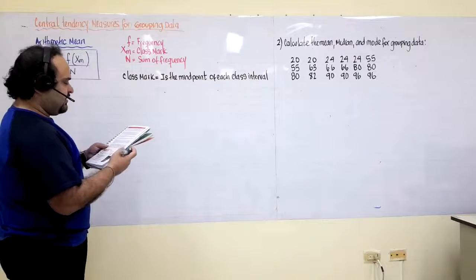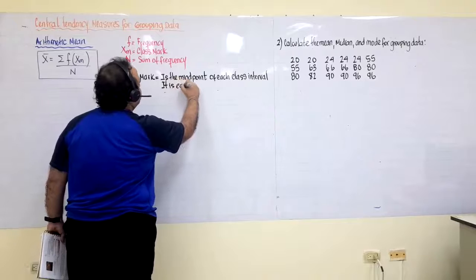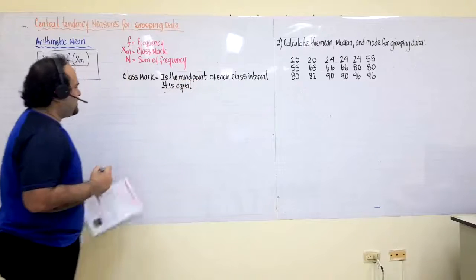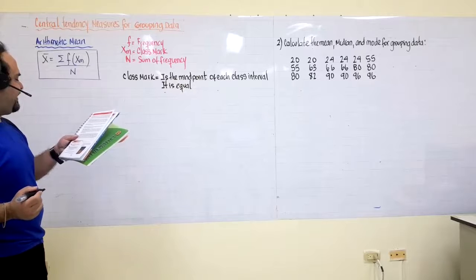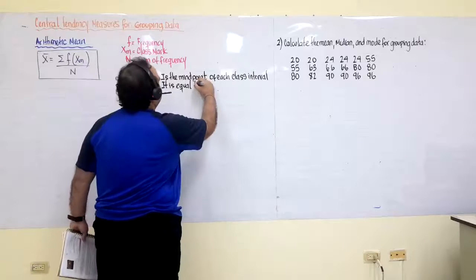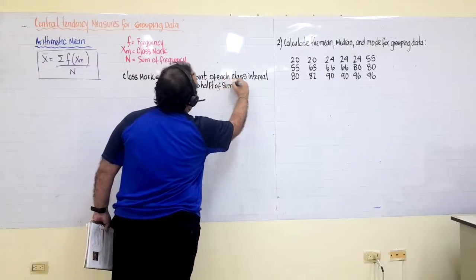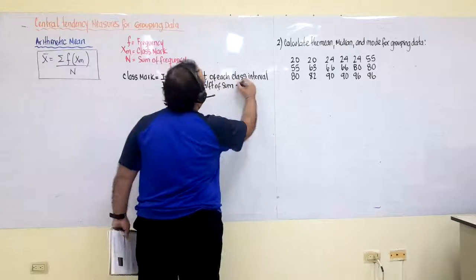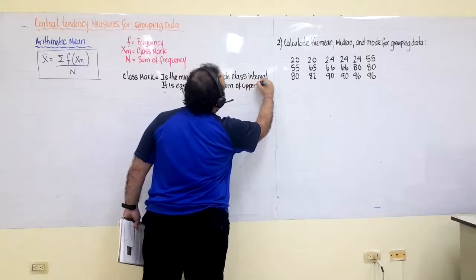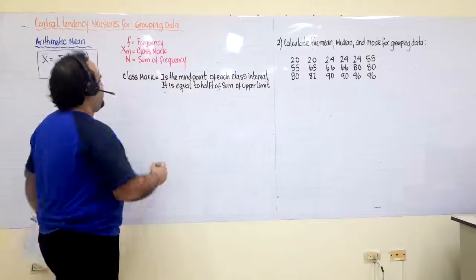That means it is equal to half of the sum of the upper limit and the lower limit.